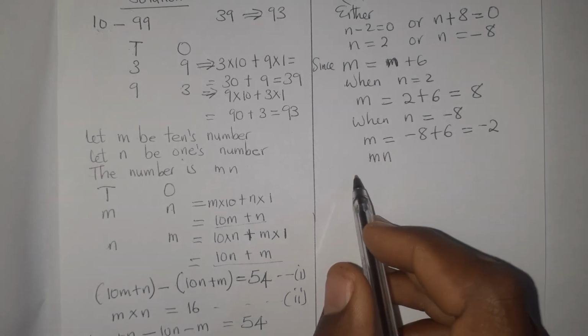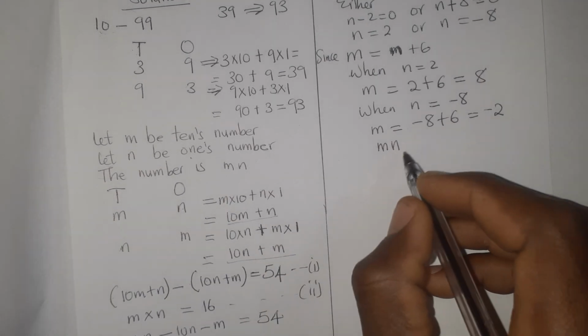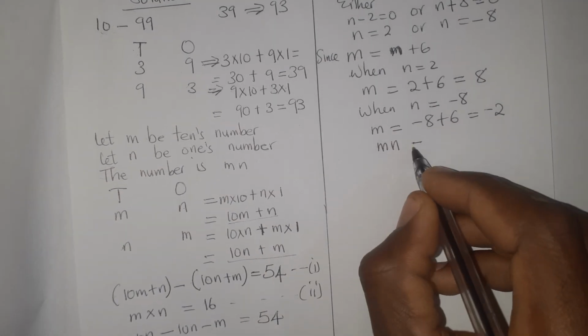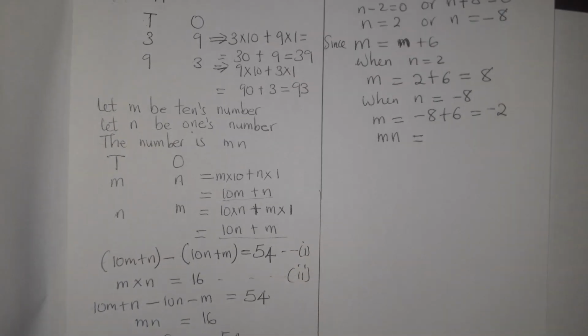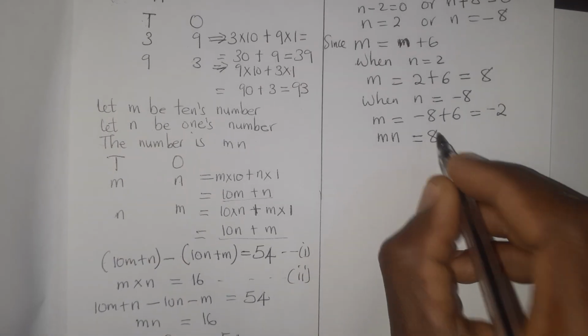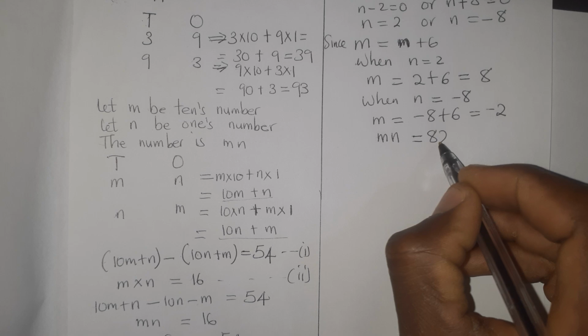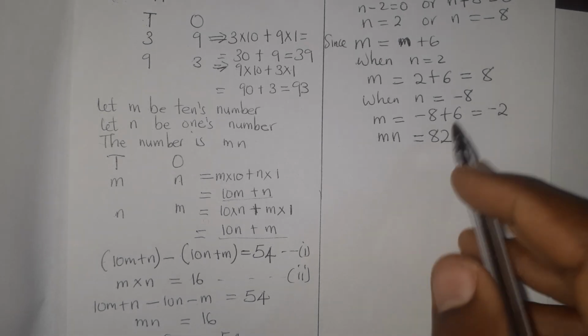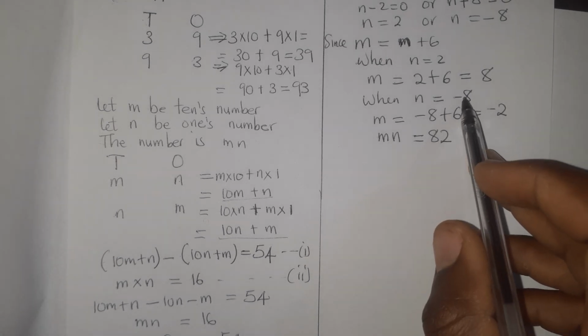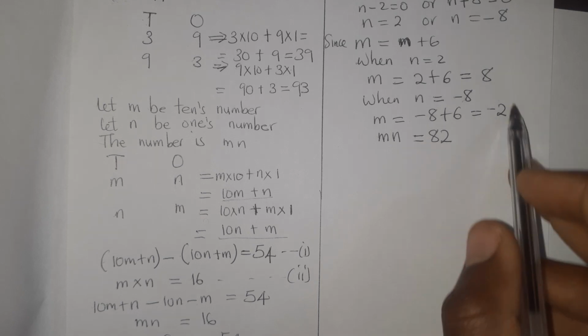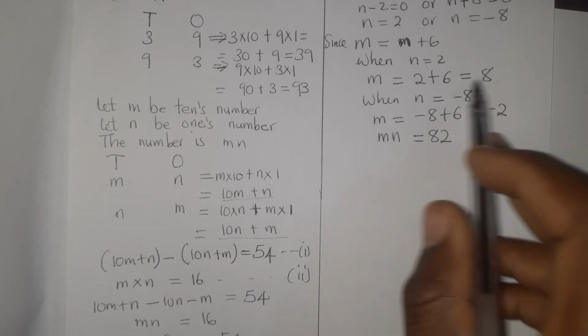So mn is 8, 2. If you choose the negatives, then you combine these, but these are negatives, so they can bring confusion.